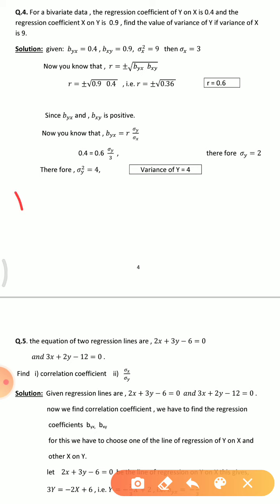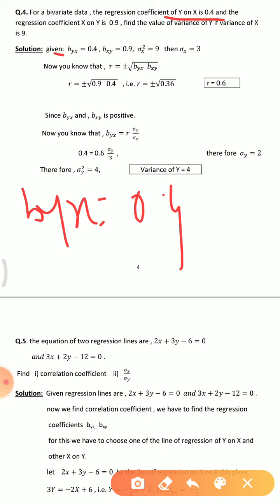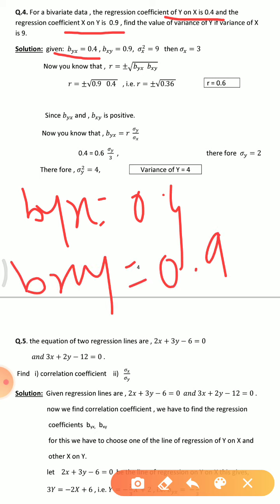That is, we have been given the regression coefficient of y on x is 0.4 here. See this, that is b of yx is equal to 0.4. This is the given value here. Also, the regression coefficient of x on y is equal to 0.9. This second value is given.